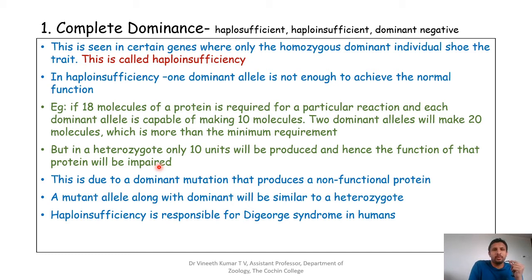Now, rather than calling these recessive mutations, you call them dominant, because if you observe, the heterozygous has only 10 units, so if it is a metabolic pathway, that pathway will not function properly and hence it results in a disorder.